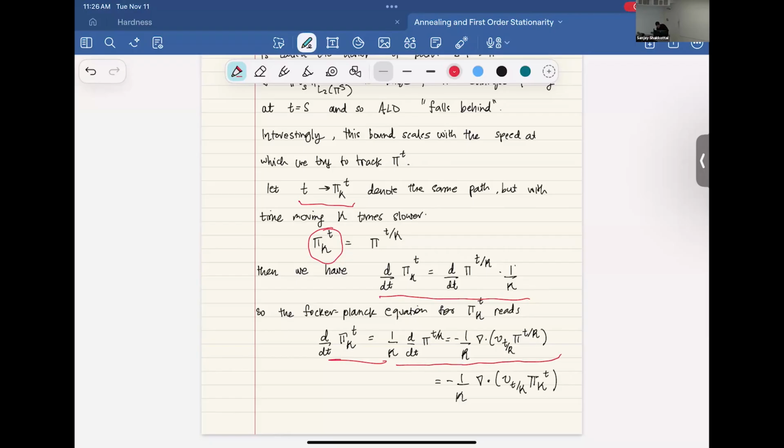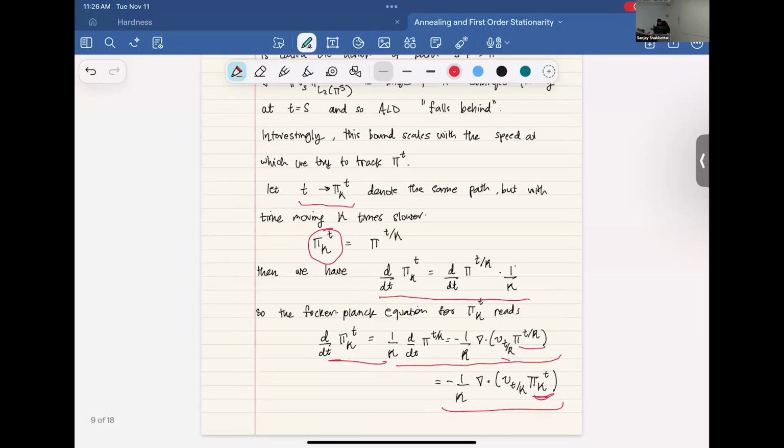It has a v t over kappa. Basically the kappa just comes out and you get this term, 1 over kappa. Here I've replaced the pi t over kappa with pi kappa t. This v t over kappa is the same.